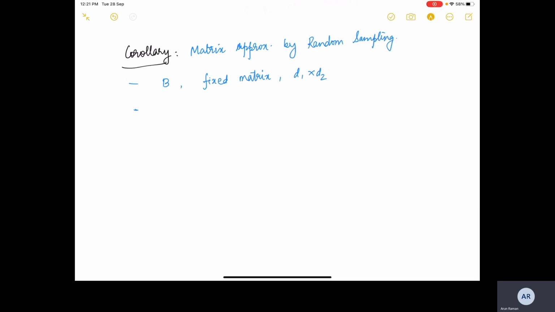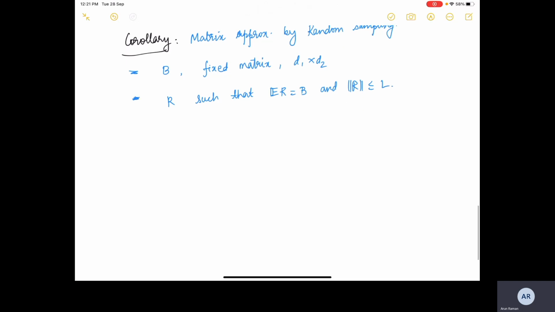Then we have an approximation R such that the expected value of R is equal to B, and the spectral norm of R is also bounded. These two are requirements of the Bernstein inequality. That is why we have made this assumption. You can also come up with your own, and use some other concentration inequality to prove it.